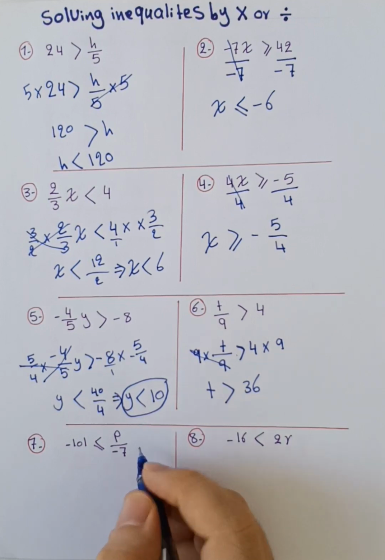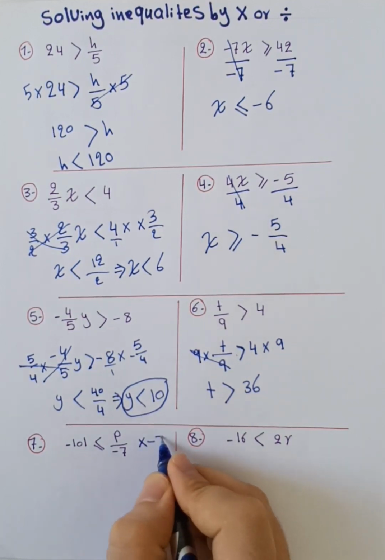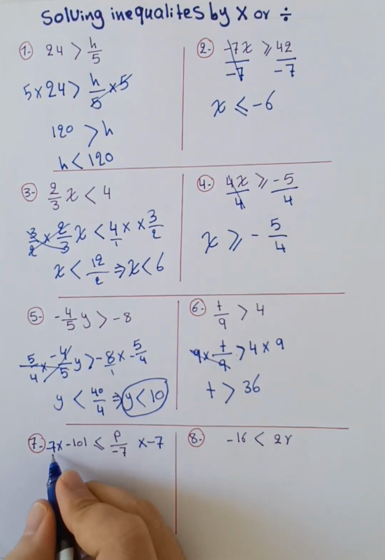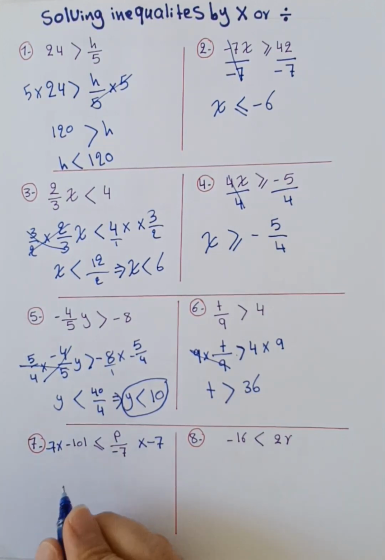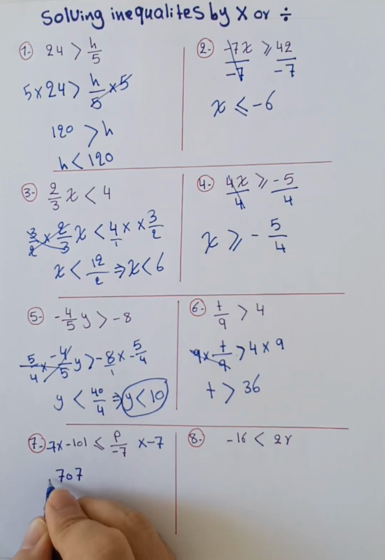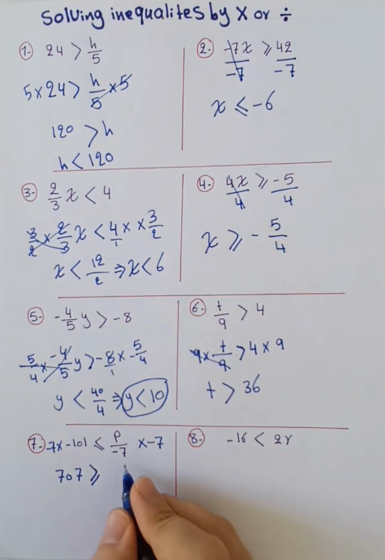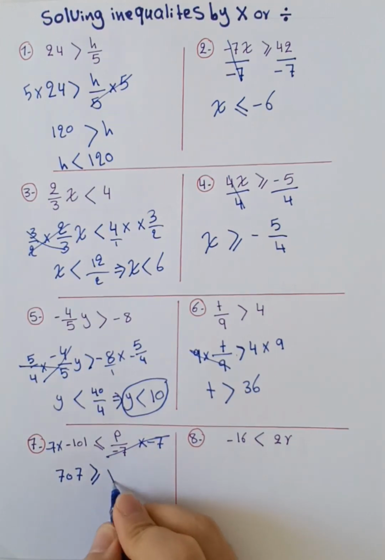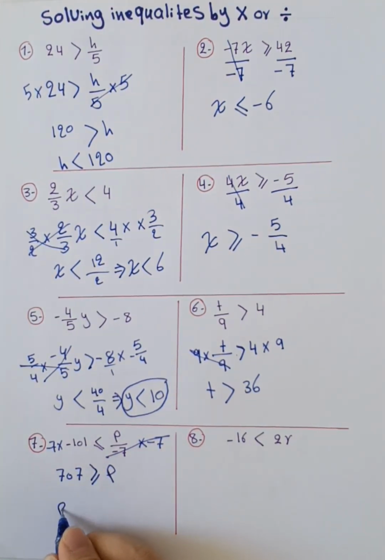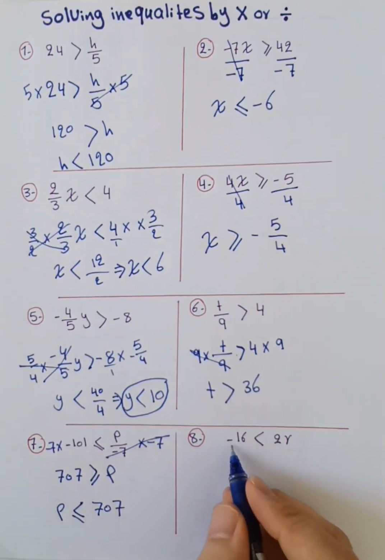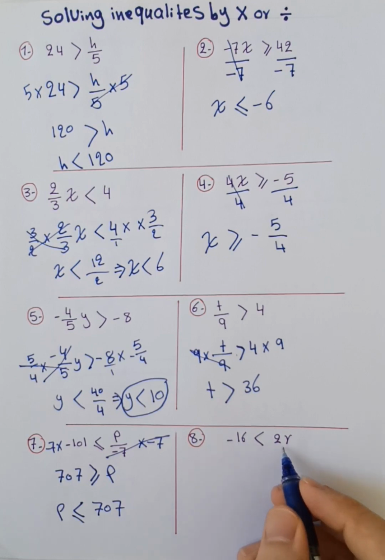We have to multiply both sides by negative 7. 7 times 101 equals 707, and then we have to change the sign from less than or equal to greater than or equal, and these two terms are reduced, p. So p is greater than or equal to 707.